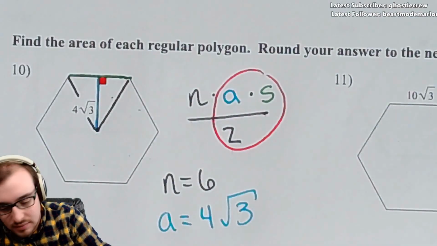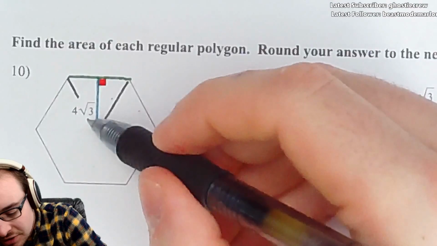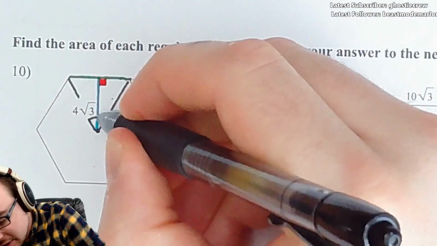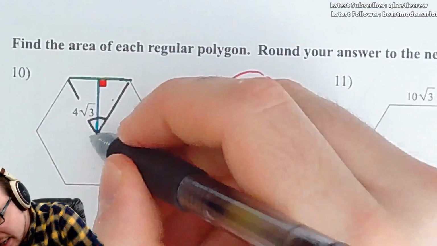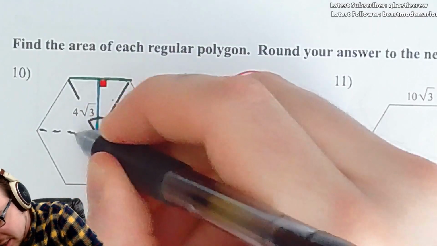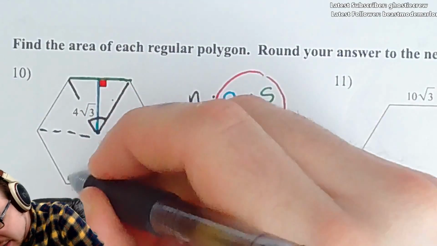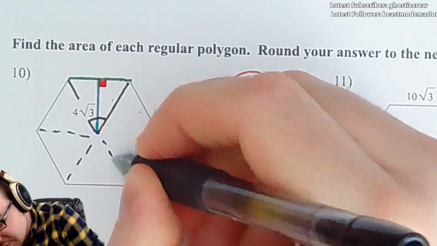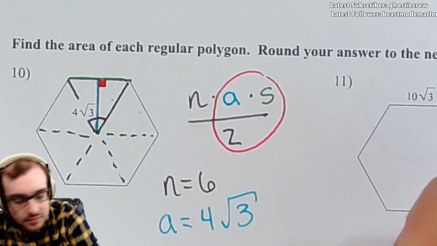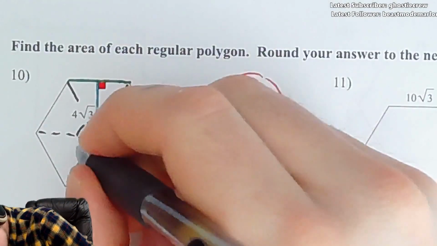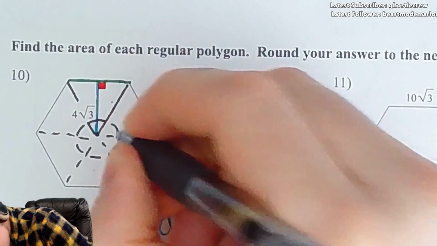So this angle right here, all the way across, is going to be the same angle as the triangle that we'd make here, and this angle, and this angle, and this angle, right? So we've had this guy, this guy, this guy, this guy, and this guy.